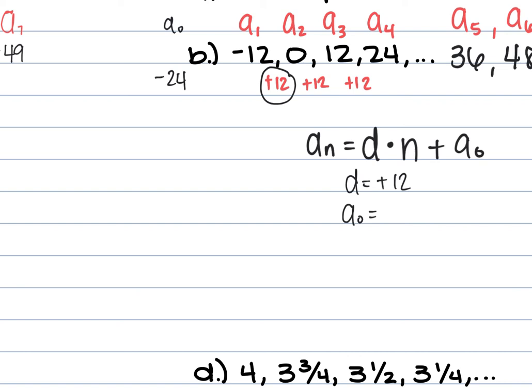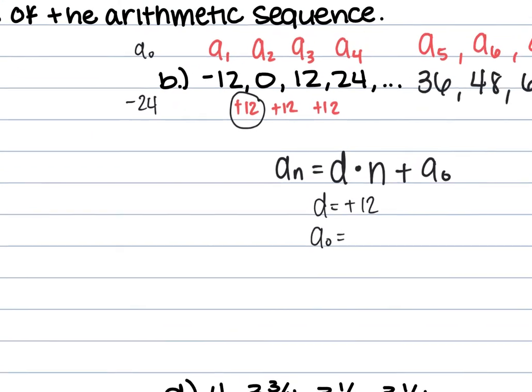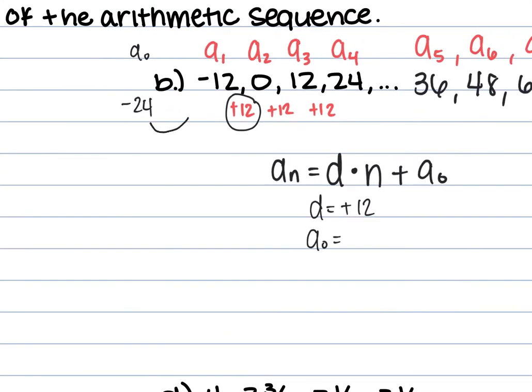So we have to subtract 12 from -12. So we're going to get -24, right? Now, as we move to the right, we should always be adding 12 each time. To get from -24 to -12, did we add 12? We sure did, okay? So we keep that consistent common difference, okay? So A sub 0 is -24.